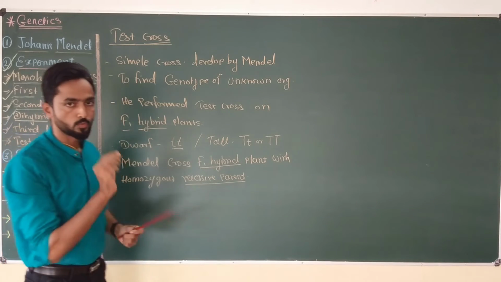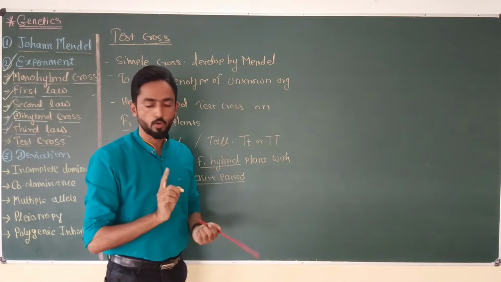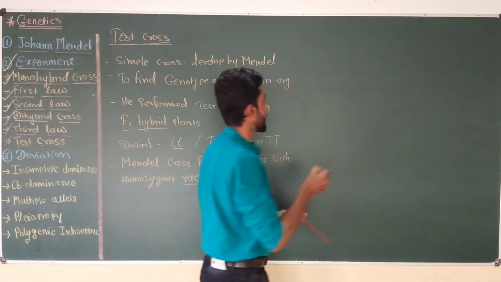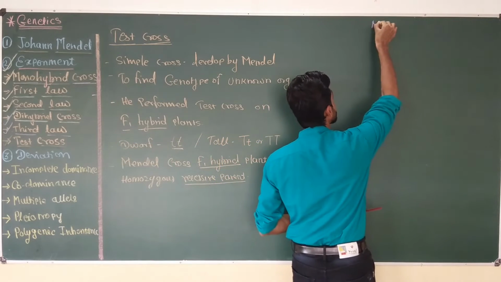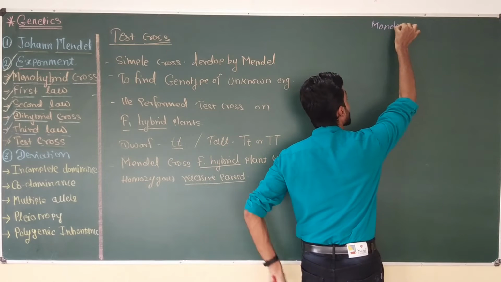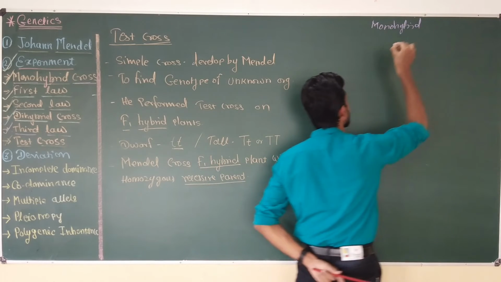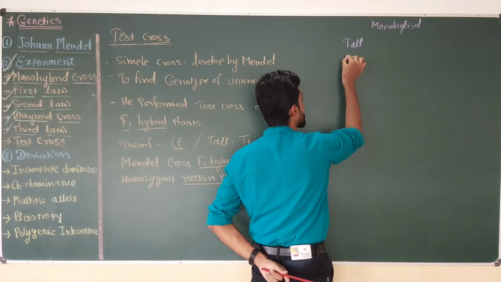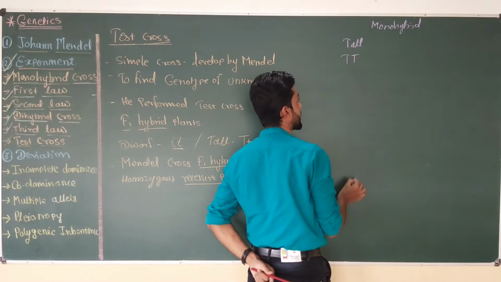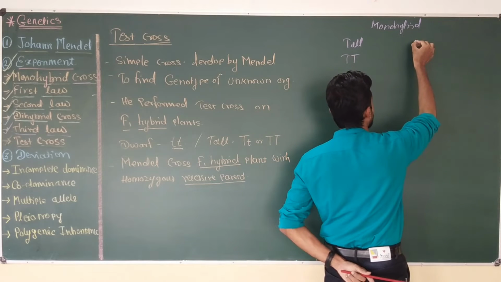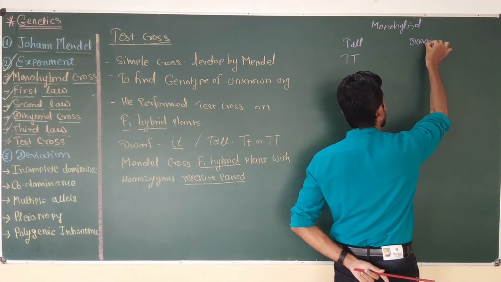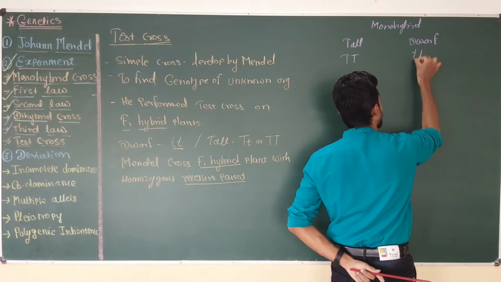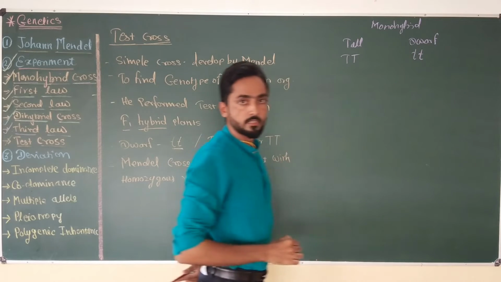To understand this, we have to draw the monohybrid cross of Mendel. For example, in the monohybrid cross, Mendel took a pure tall plant with genotype capital T as one parent and a pure dwarf plant with genotype small t as another parent.